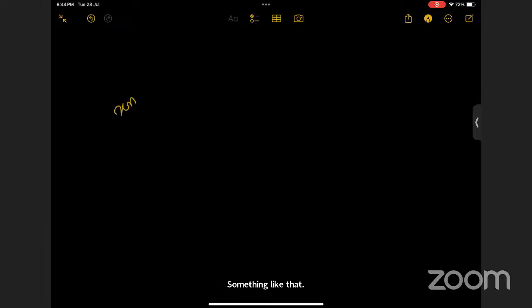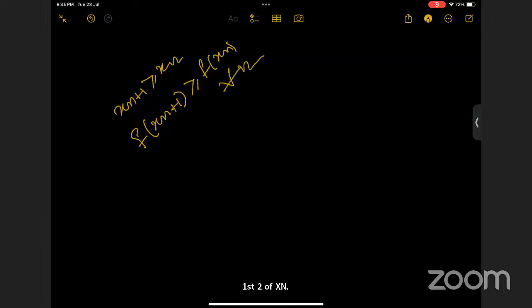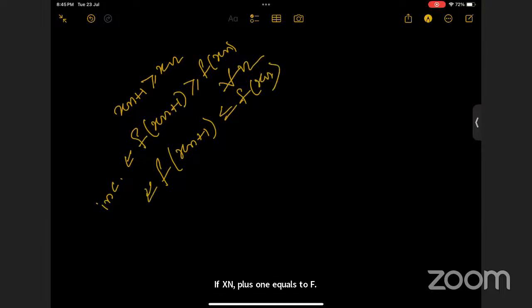If f of xn plus 1 is greater than or equal to f of xn for every point of the domain, then we say the function is increasing. If f of xn plus 1 is less than or equal to f of xn, then we say the function is decreasing. This is the formal definition for increasing and decreasing function.